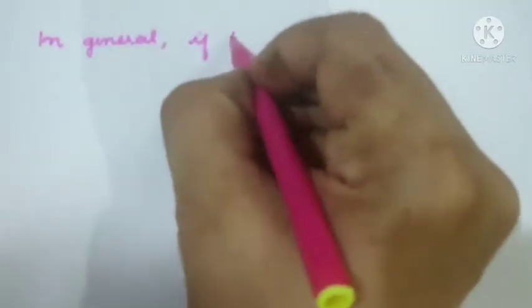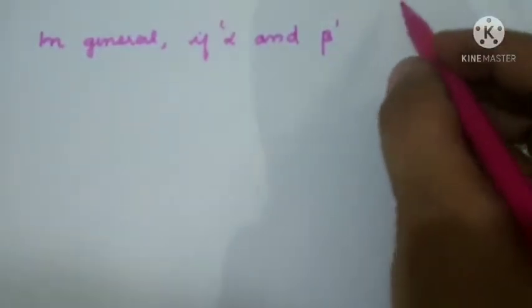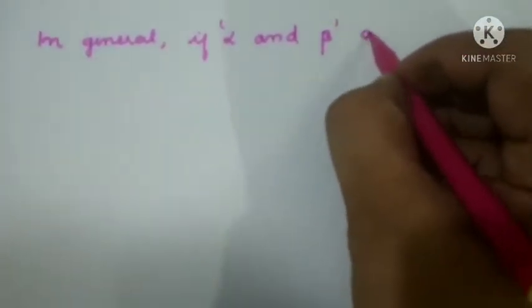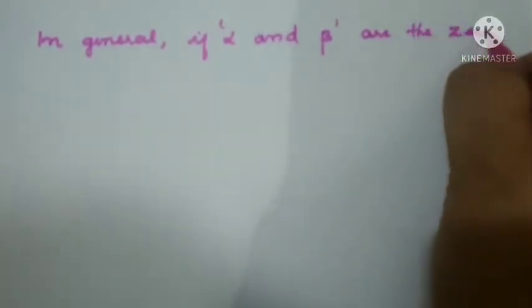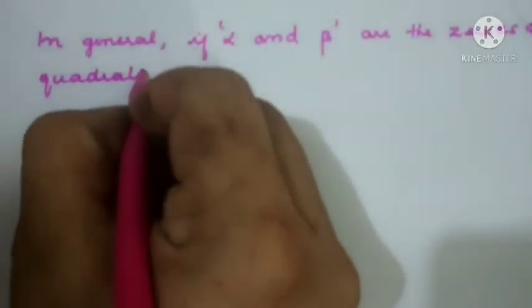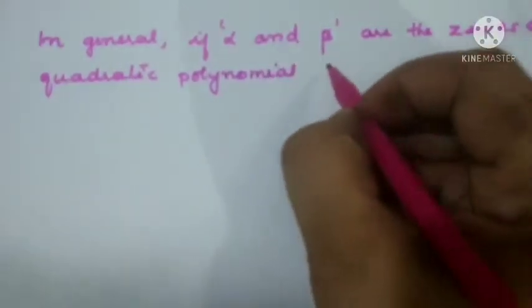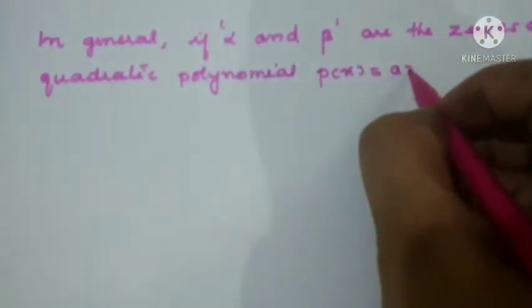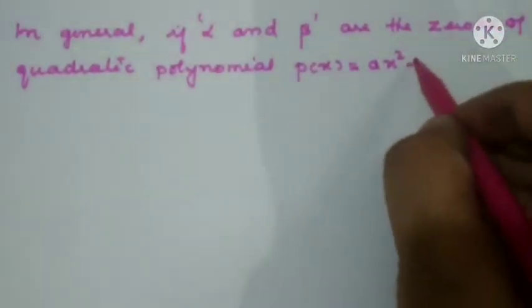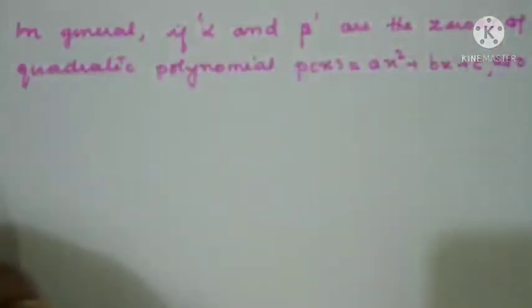In general, if alpha and beta, don't take too much tension about alpha and beta because they are Greek alphabets only, nothing else, are the zeros of the quadratic polynomial p of x equal to ax square plus bx plus c, and a not equal to 0.